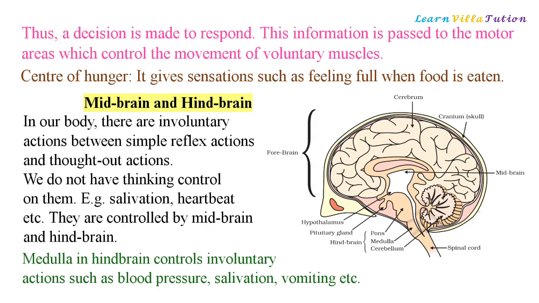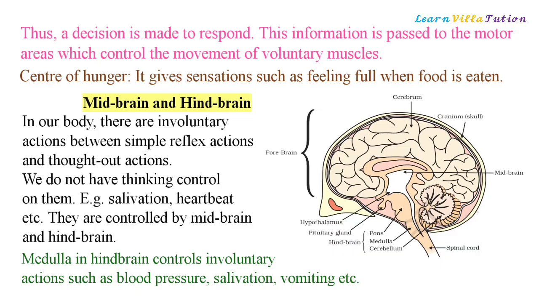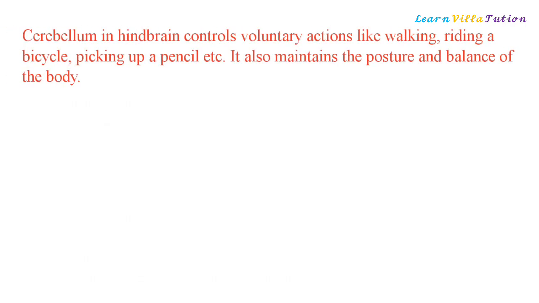Medulla in the hindbrain controls involuntary actions such as blood pressure, salivation, vomiting, etc. Cerebellum in the hindbrain controls voluntary actions like walking, riding a bicycle, picking up a pencil, etc. It also maintains the posture and balance of the body.